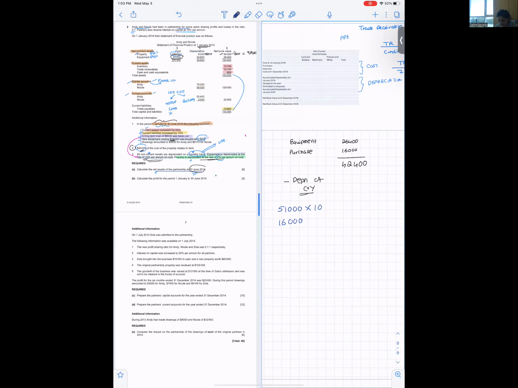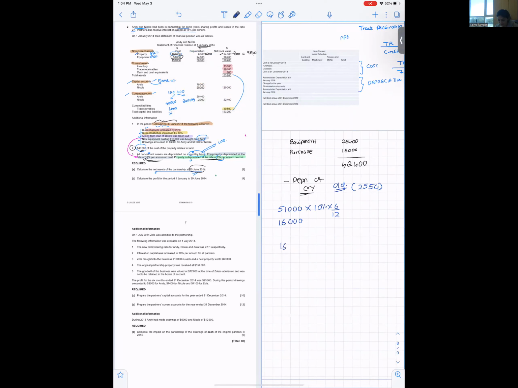It is 10% per annum on cost, so into 6 divided by 12. So 51,000 into 10% divided by 2. So it will come up to minus 2,550. Current year depreciation of old one.